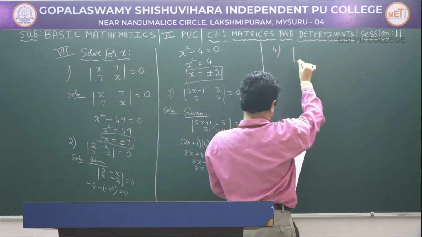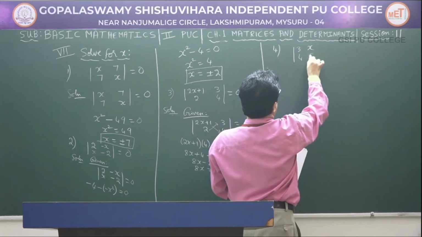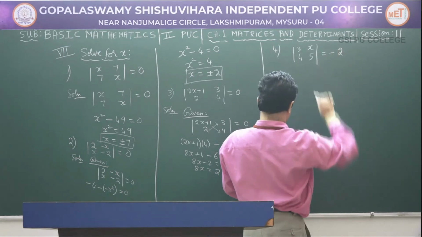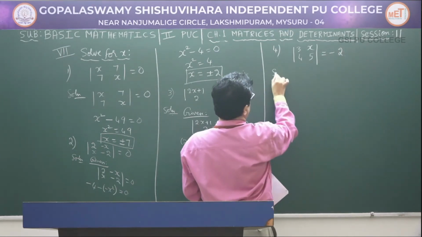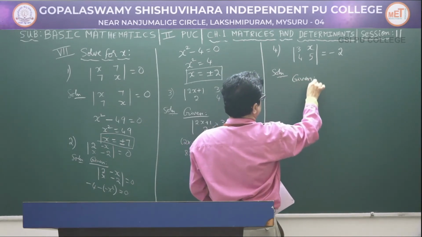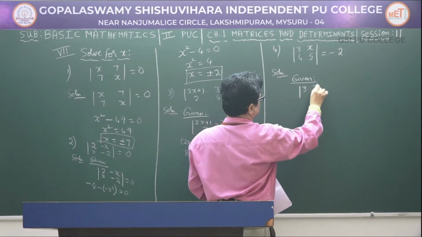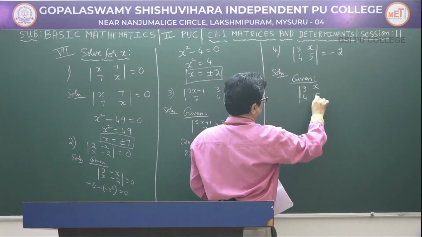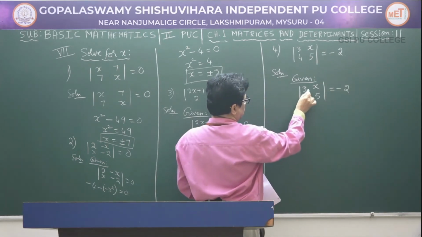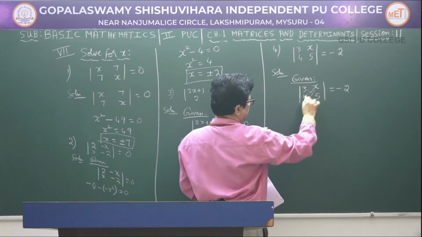Determinant of 3 x, 4 5 will be equal to minus 2. Solution. The product of the principal diagonal minus the product of the other diagonal.